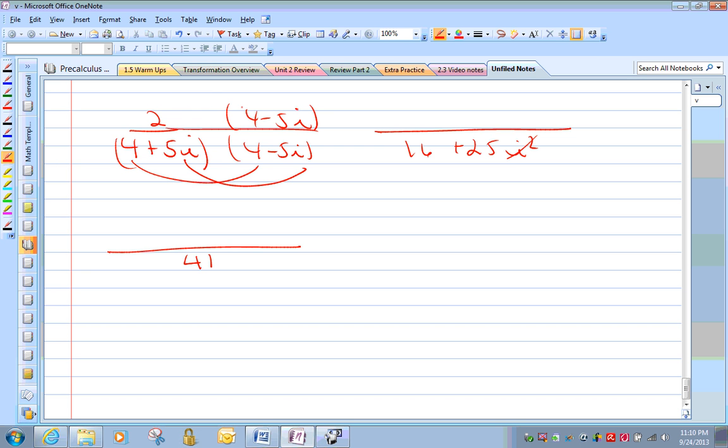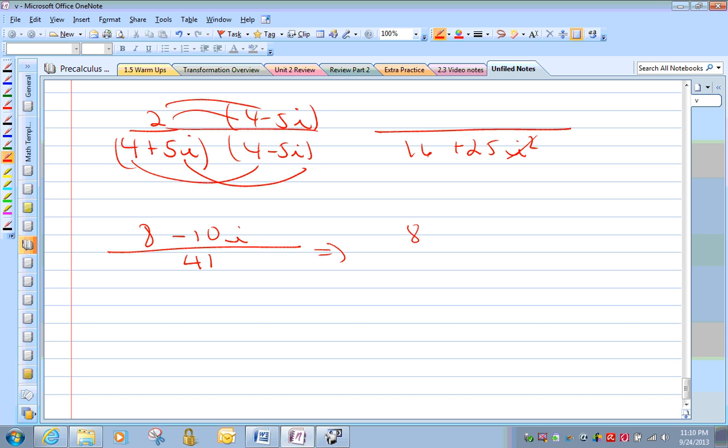All right, at the top we're going to distribute. So 2 times 4 is 8, and 2 times 5 is negative 10i. If we wanted to split that up, we could write it, and should write it, as a plus bi form.